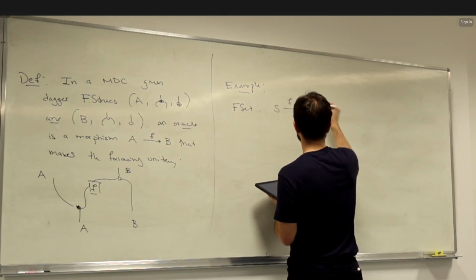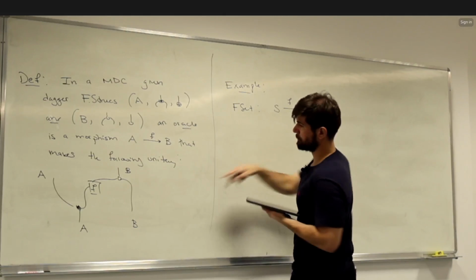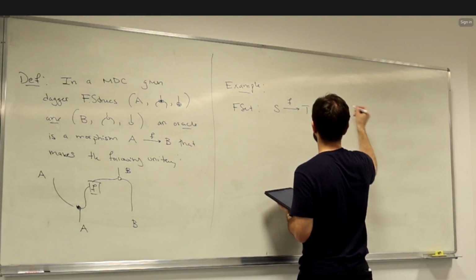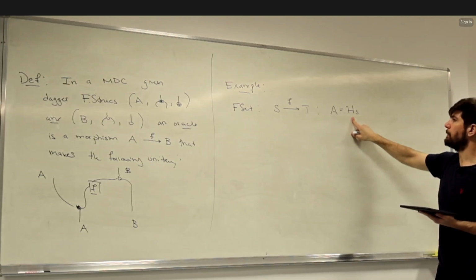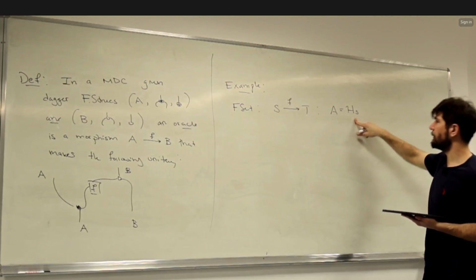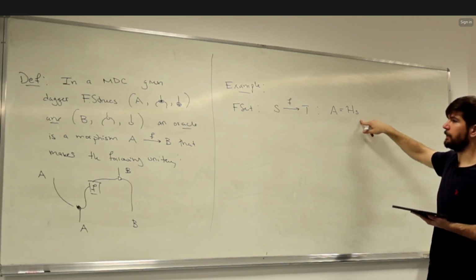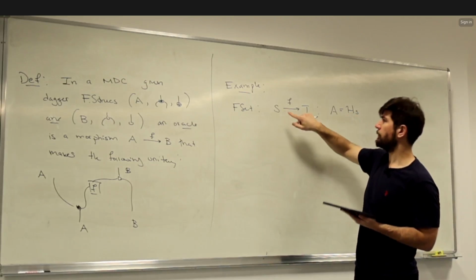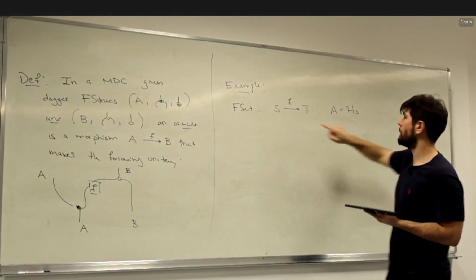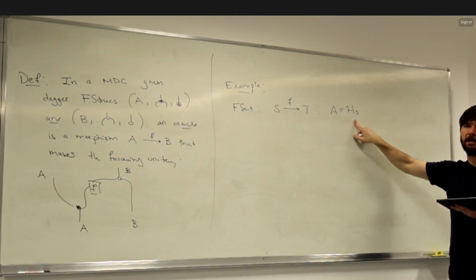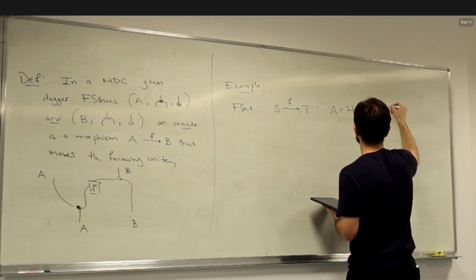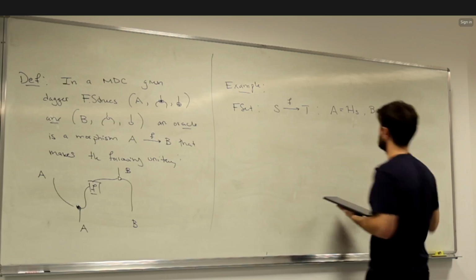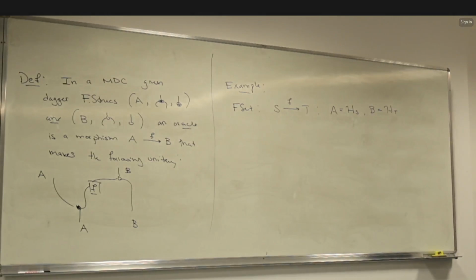How does that work? In this previous example we had A equal to the Hilbert space H_S. What I mean by this is precisely the Hilbert space of the proper dimensionality such that we map the elements of this finite set to basis elements in H_S. And let B equal H_T in the same sense.